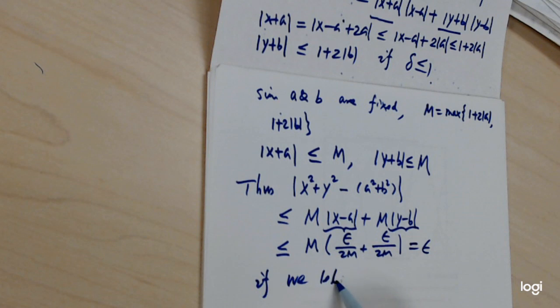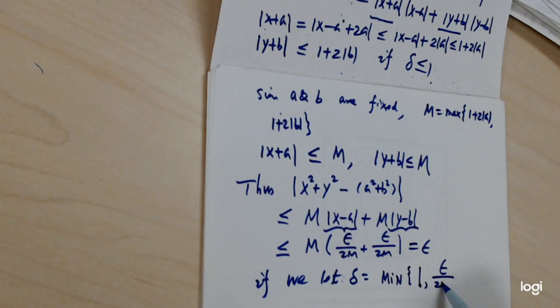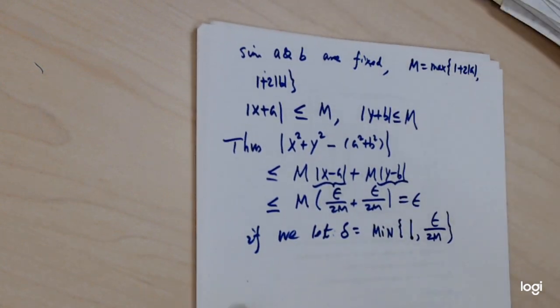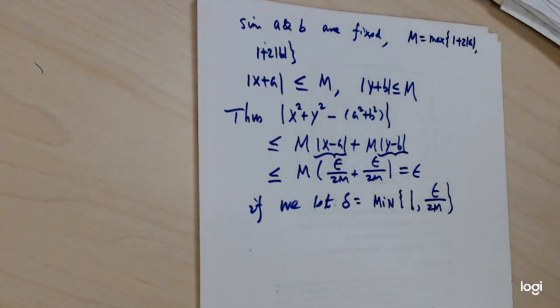If we can let delta be epsilon over 2M, okay? But like I said, delta has to be smaller than 1 to begin with. So I choose it to be smaller than both 1 and epsilon over 2M. Then all the inequalities will work through.